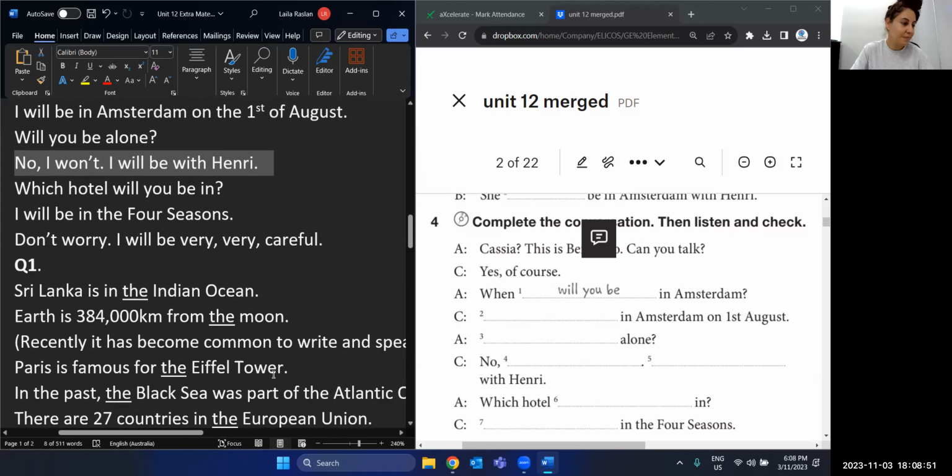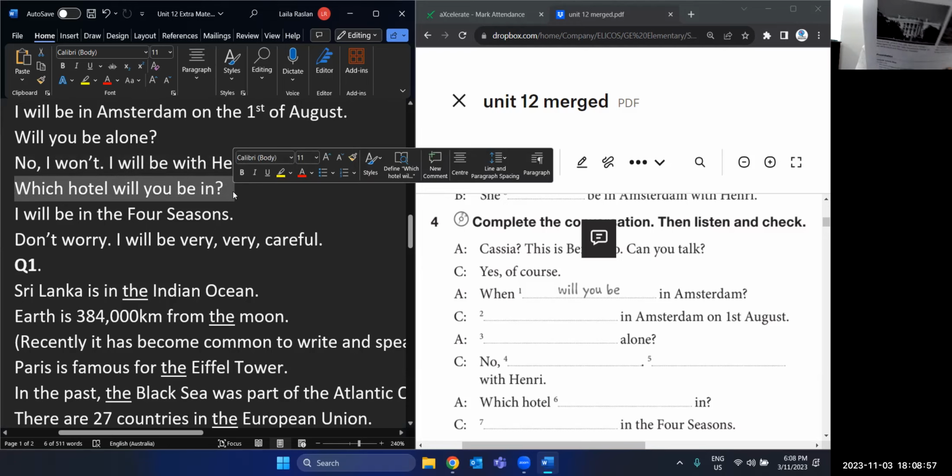In which hotel will you be in? Which hotel will you be in? Because there are lots of little short words, so you have to really push each word. Which hotel will you be in?